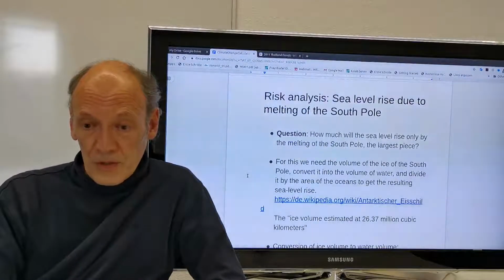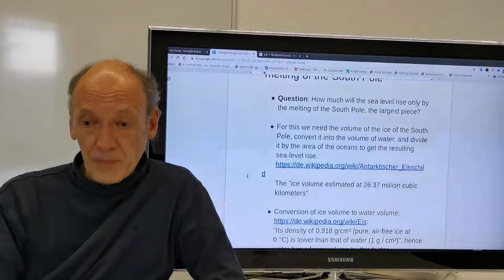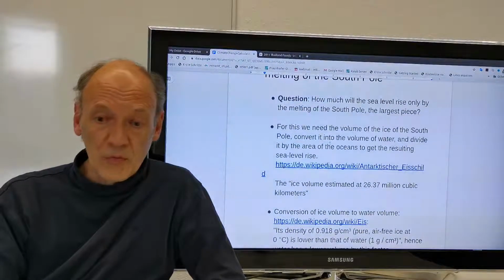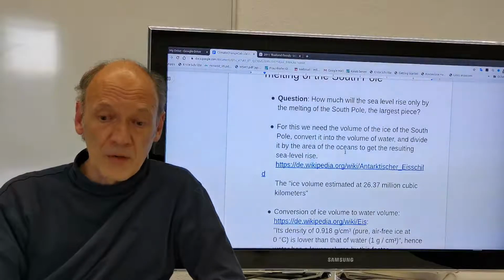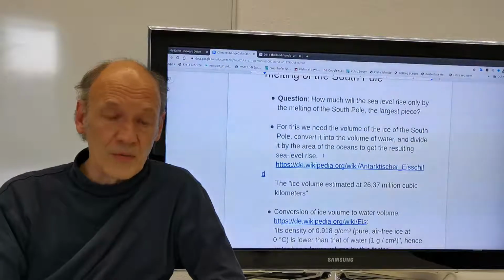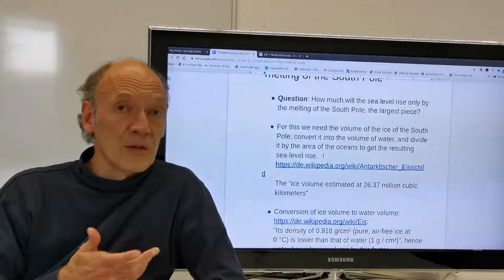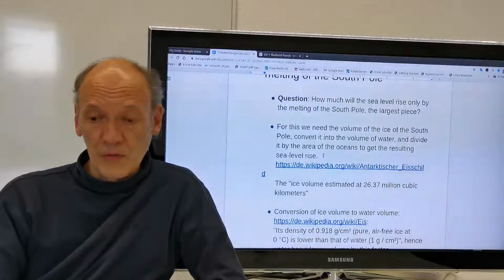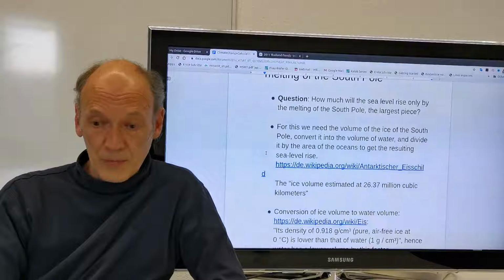So for this we need the volume of ice of the South Pole converted into the volume of water and divided by the area of the oceans to get the resulting sea level rise. So basically the same approach that we just took for the meltwater.